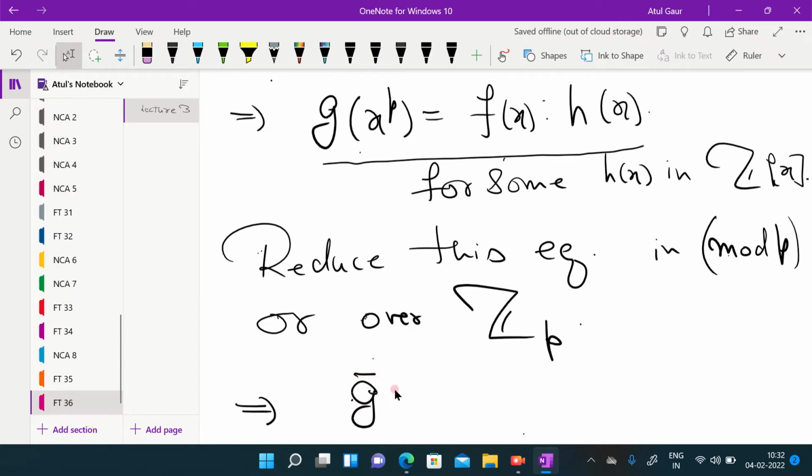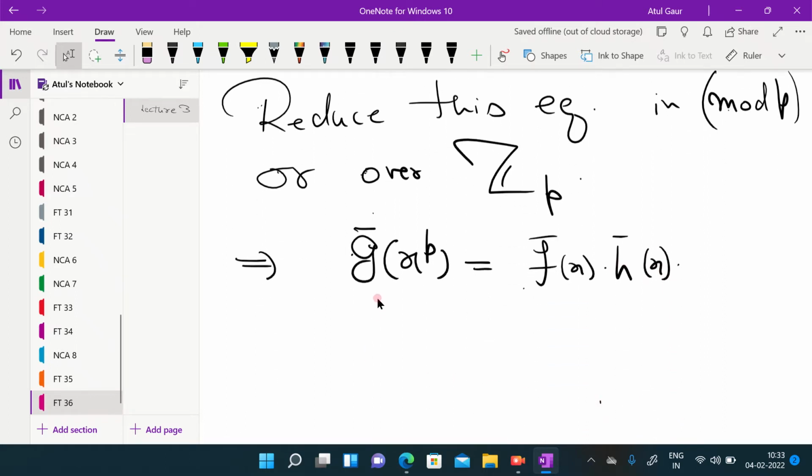Okay, let's say first suppose g bar(x^p) is the polynomial in Z_p, so f bar(x) into h bar(x). Now what is this g bar(x^p)? Can I write this as g bar(x) whole power p?